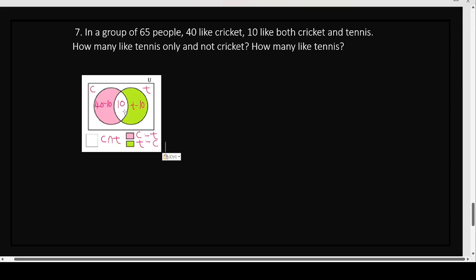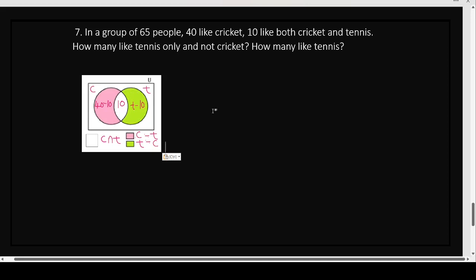If you remove this 10 from 40, you get the people who like cricket only. So 40 minus 10, this 30 in the pink portion, is the people who like cricket only. The people who like tennis are in the green circle. That minus the intersection gives the people who like only tennis, the green portion.